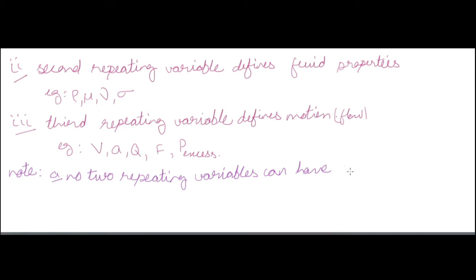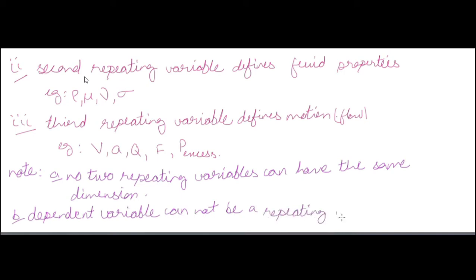Now we have to note that no two repeating variables can have the same dimension. If you have chosen one repeating variable, then the second or third repeating variable should not have the same dimension as the first variable.